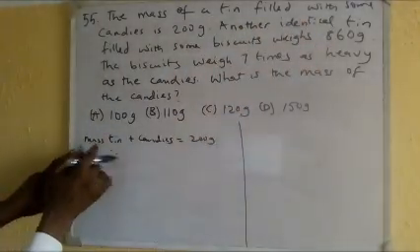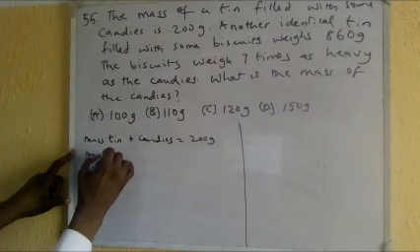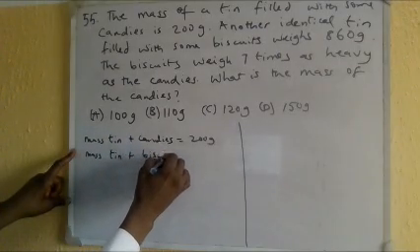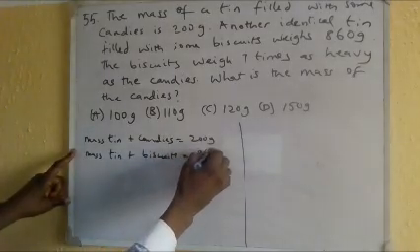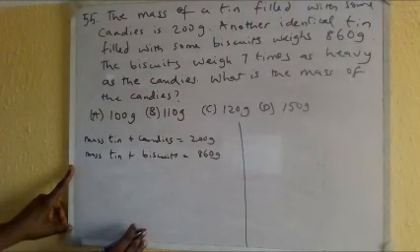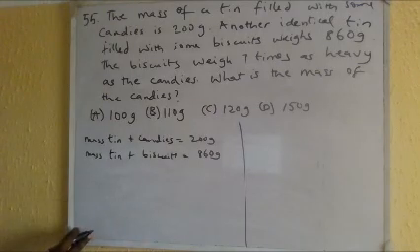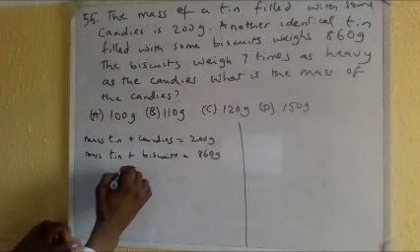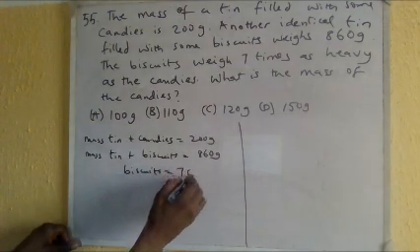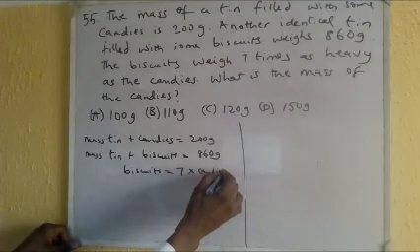So I will say again, mass of tin plus biscuits is weighing 860 grams. So they said biscuit weighs 7 times the mass of the candy. What is the mass of the candy? So biscuit is equal to 7 times candy in gram.